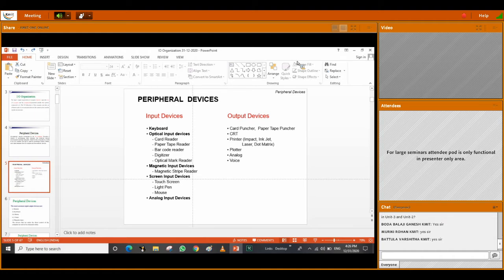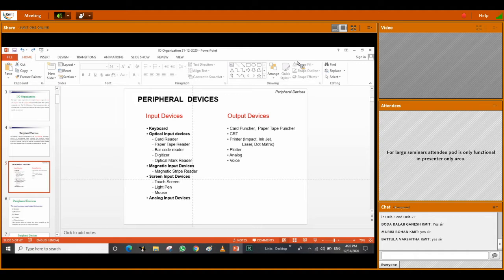And you know everything: the screen, output device, touch screen, light pen, mouse, and one more is the analog input device. These are input devices. And coming to the output devices: the card puncher, paper tape puncher, CRT. CRTs you can see in your EDC lab, and printers.